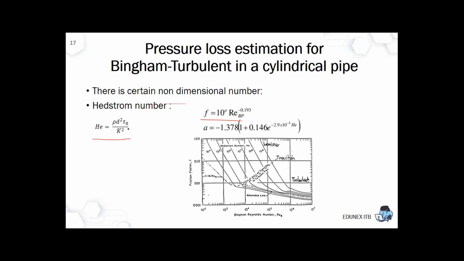There is a new dimensionless number called the Hedstrom number. The Hedstrom number depicts the relationship between the apparent viscosity and the tau yield.